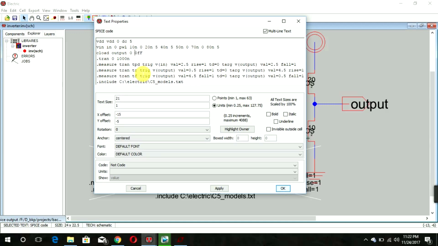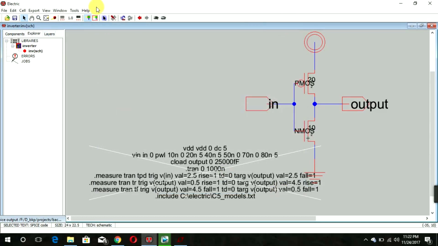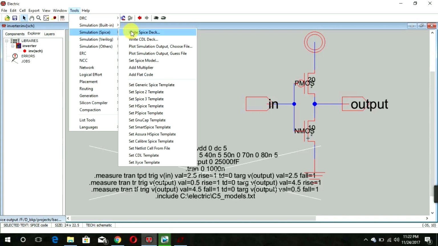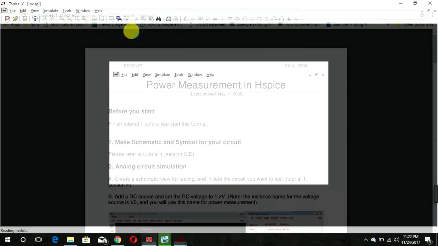I'll increase my capacitance to 5. I'll just add 2 more zeros. If you could imagine the output, I want you to.